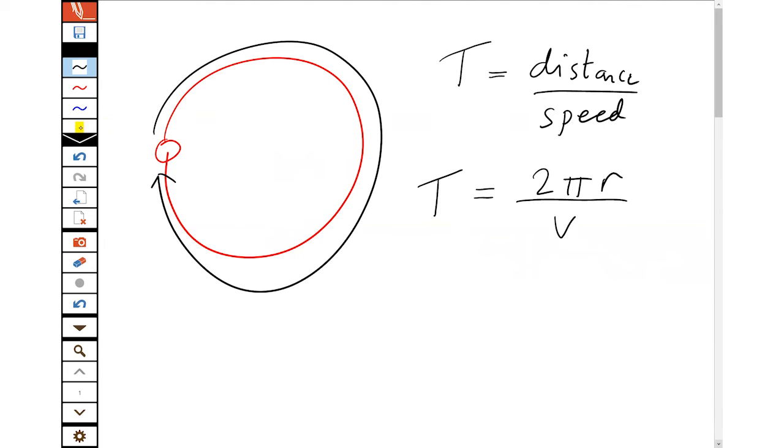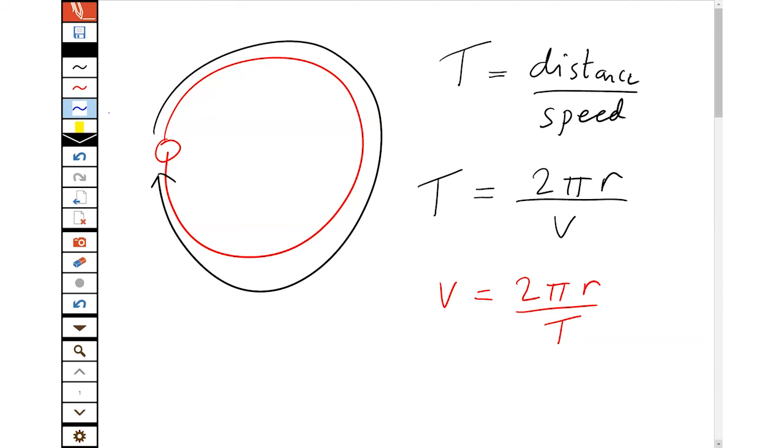So if we want the period, we need the speed and the radius. Or if they give us the period, we could rearrange that to find the speed.